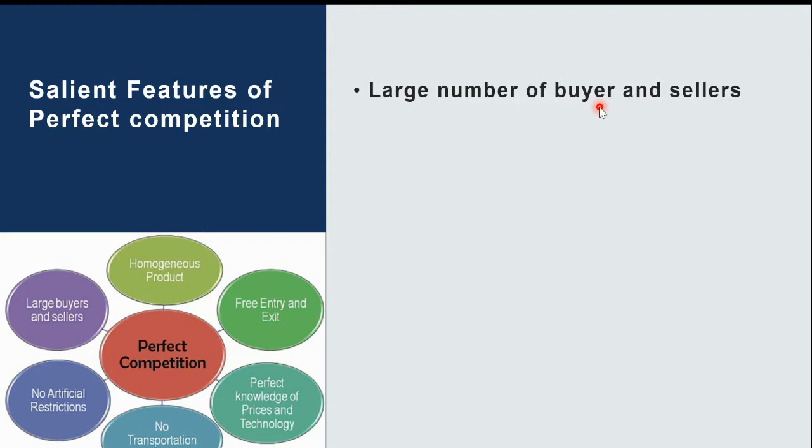The amount of commodity that we buy in the market is very, very small when compared to that found in the market. I asked you to just imagine rice. How much rice do you purchase every month?